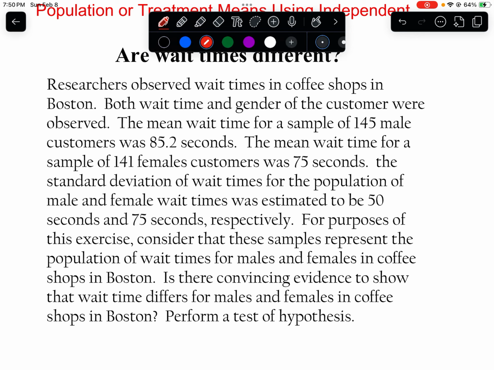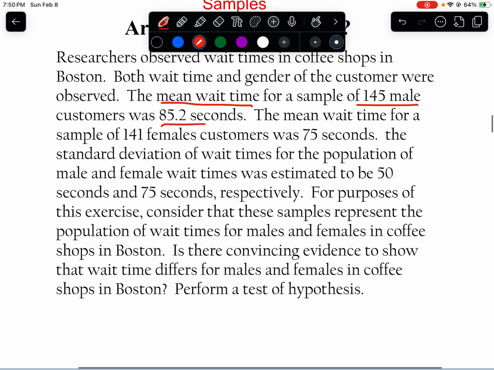That is a ton of words. Let's try to pull some key information out of this. So we've got mean wait time for 145 males was 85.2. In this case, our N for M, our sample size of males, is 145.